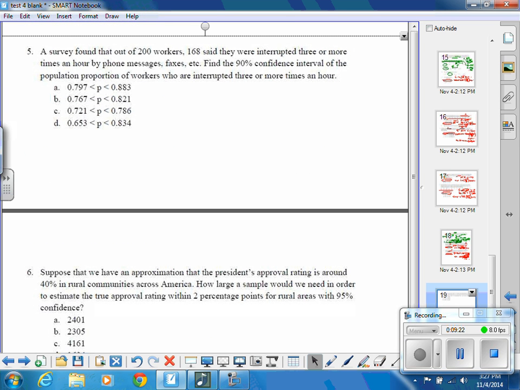Going on to the next one here. It says here a survey of 200 workers, 168 said that they were interrupted, and then 90% confidence interval. Okay. So here what we're going to do is P hat is 168 out of 200, which comes out to be 0.84.